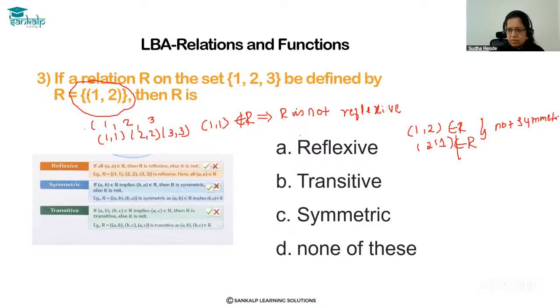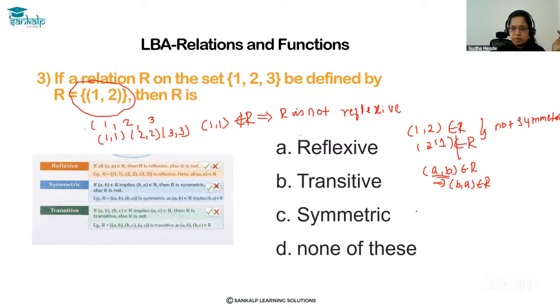What is the definition of symmetric? (a, b) belongs to R implies (b, a) belongs to R. Here, (a, b) belongs to R, but (b, a) does not belong to R. Therefore, R is not symmetric.